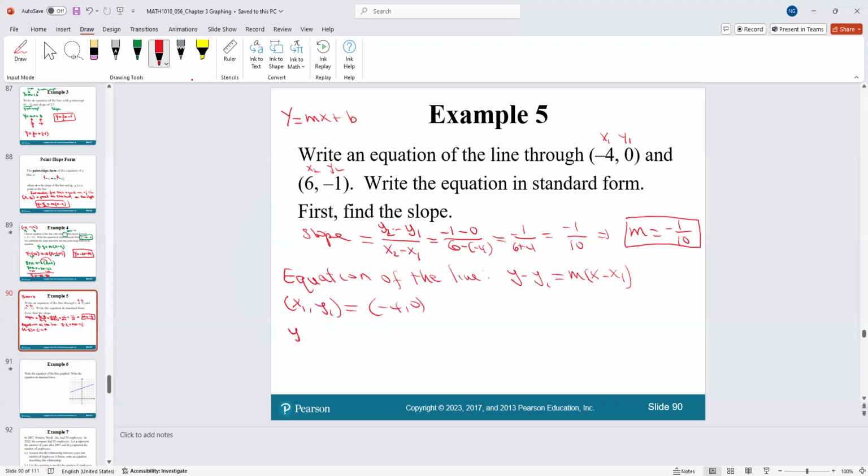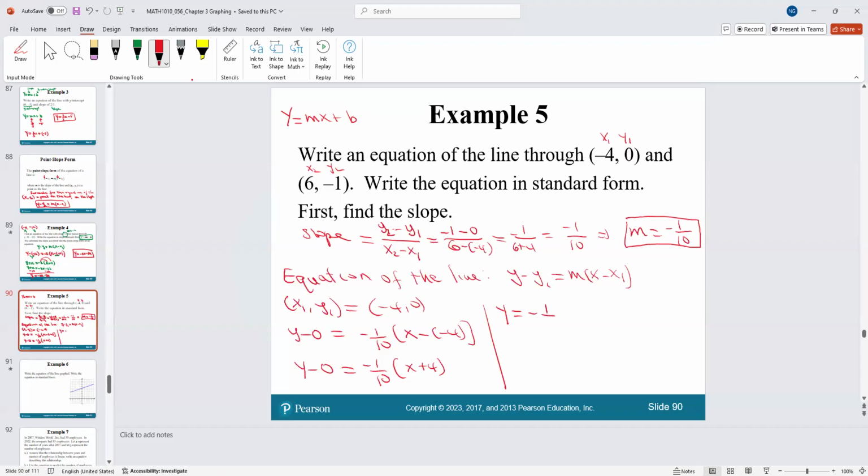Then this would be y minus 0 equals negative 1 over 10 times x minus negative 4. We substitute. Then it gave us y minus 0, and y minus 0 is y, equals negative 1 over 10 times x plus 4. See what happened? We have only y because y minus 0 is y.